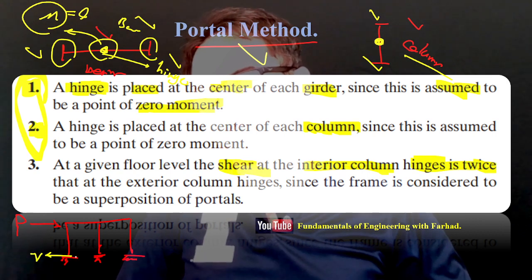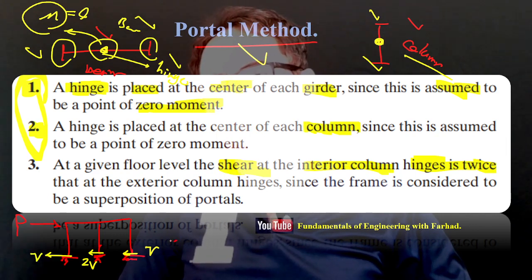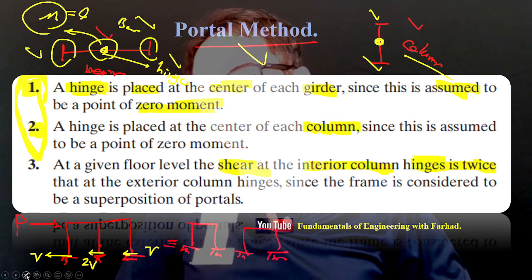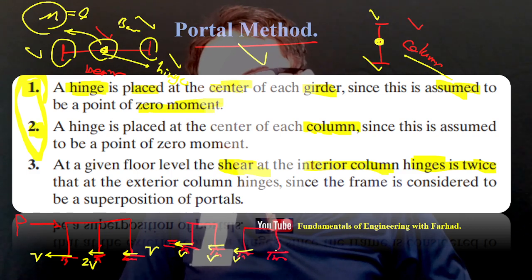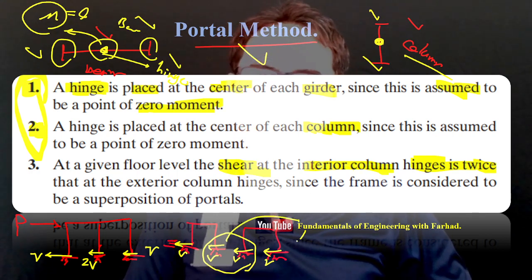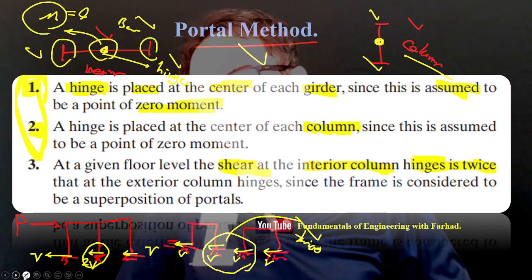It goes by a V at the outer supports and 2V at the center one. It is exactly like simulating your structure as two separated frames, and each of them takes the same amount of shear. So when you combine them together, the share of the interior column is twice that of the outer one. That's why it is twice.